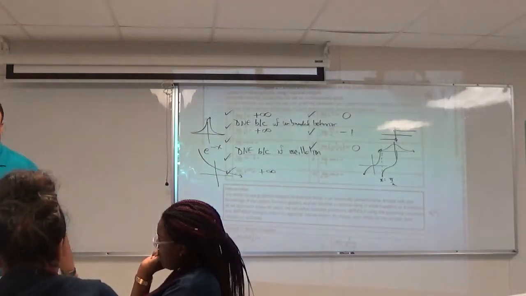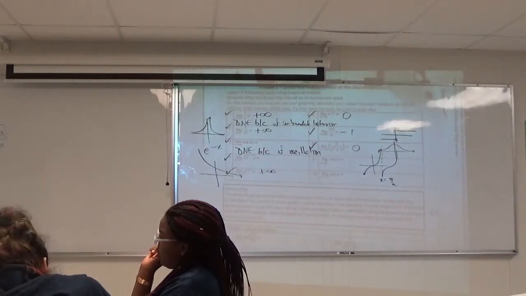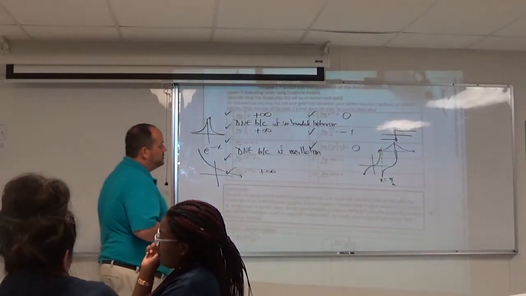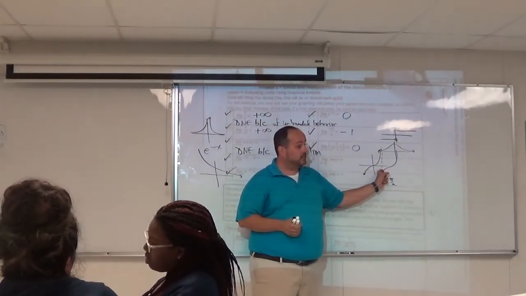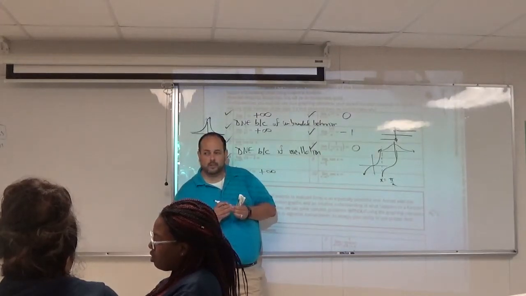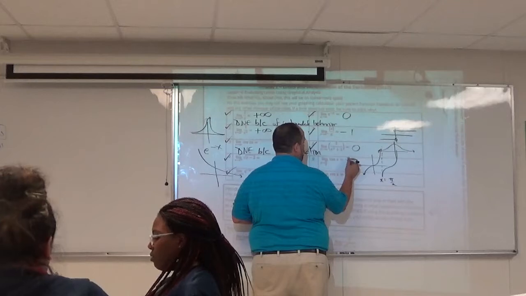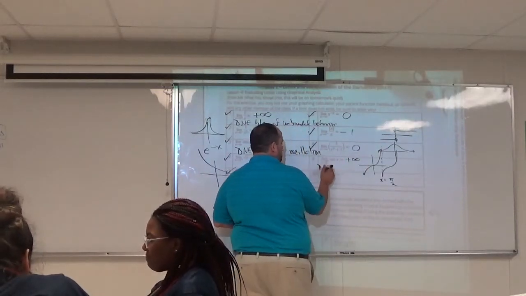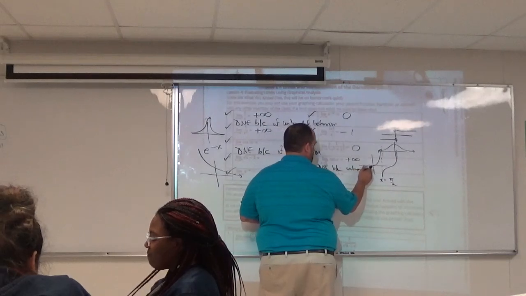So with that said, what's the limit as x approaches pi over 2 from the left of tangent of x? This is what the graph looks like. It's DNE, but why? Unbounded behavior. Specifically, we're going towards positive infinity, unbounded behavior.